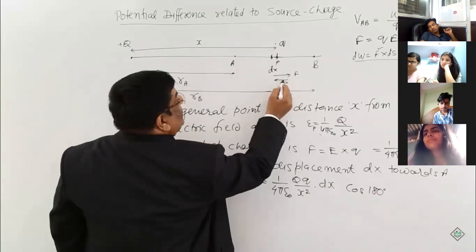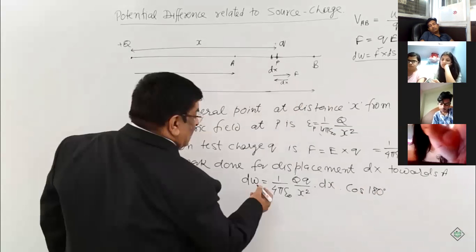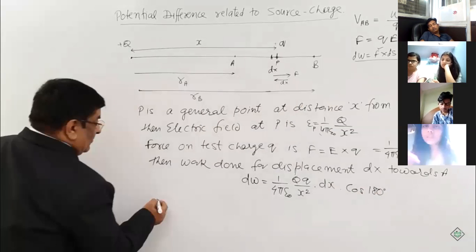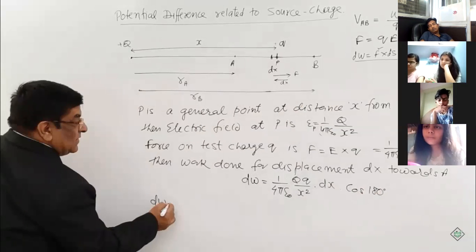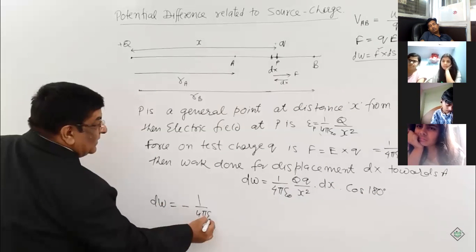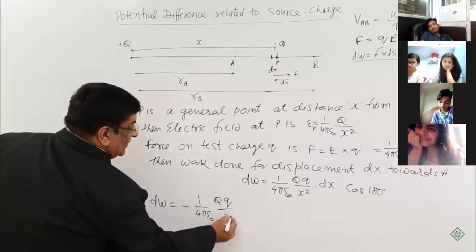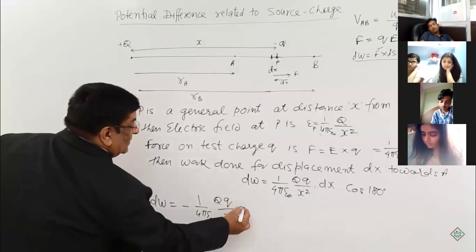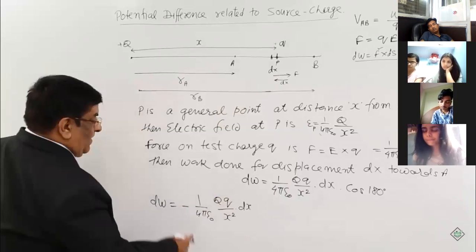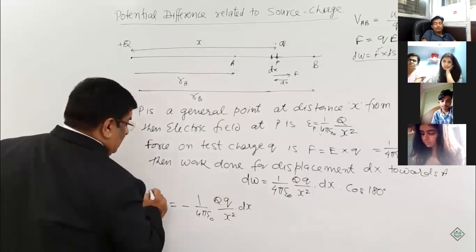So there is 180, so cos 180 is equal to minus 1, and this we can write as dW is equal to minus 1 upon 4 pi epsilon naught Q upon x square dx. Okay, if this is the small work done, we get the formula for this.